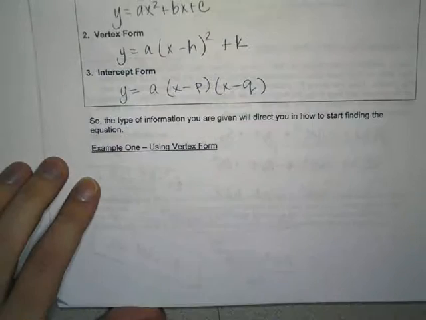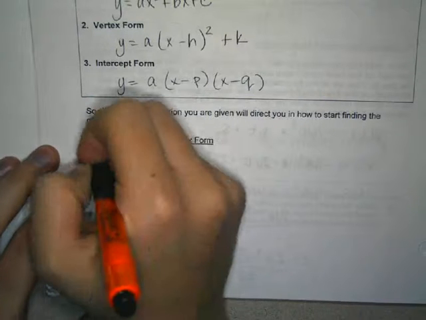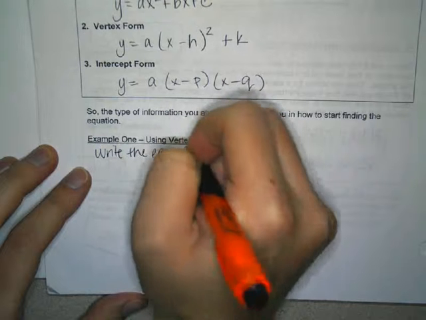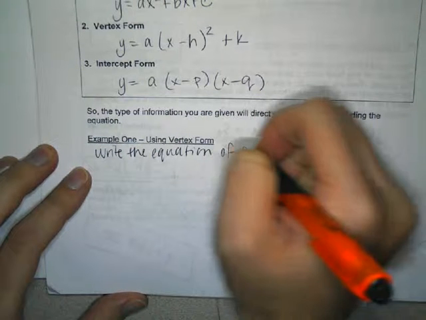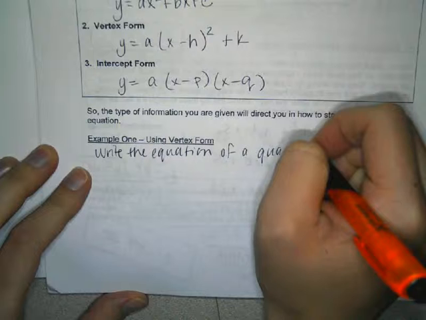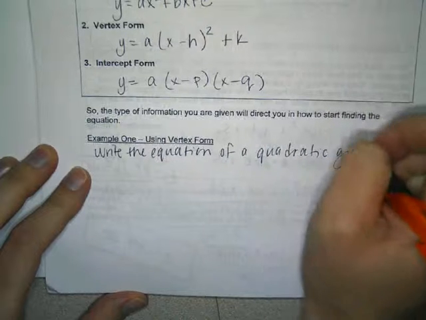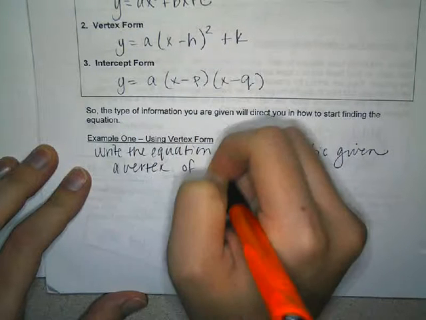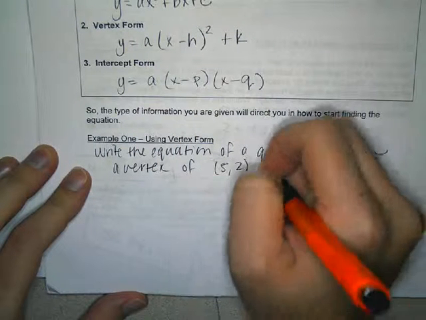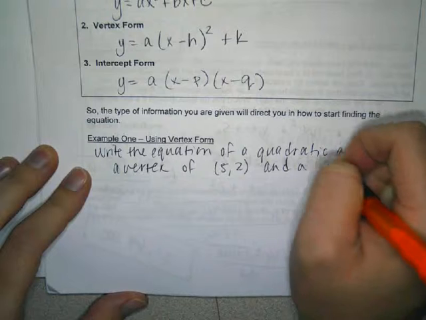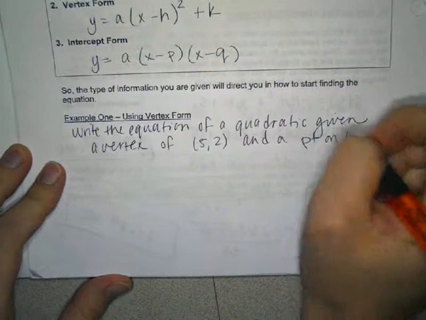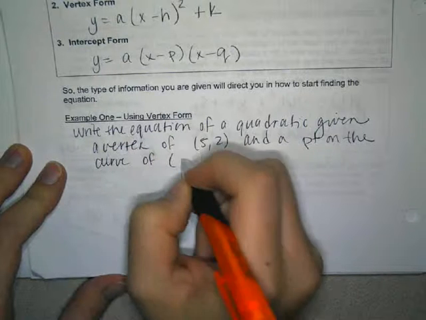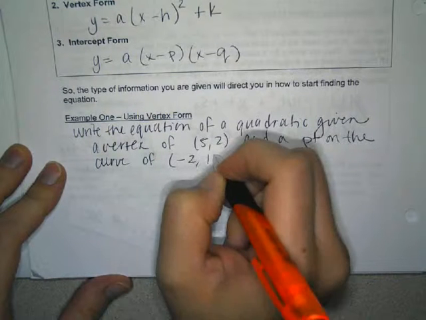So, for example 1, I'm going to ask you to write the equation of a quadratic given a vertex of (5, 2) and a point on the curve of (-2, 11).